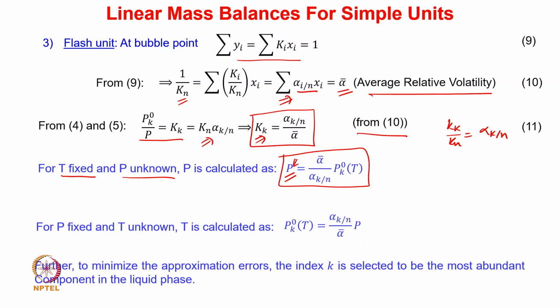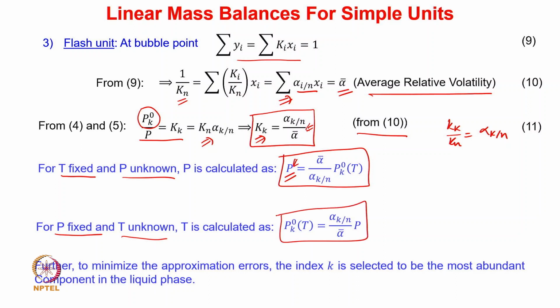When P is known and T is unknown, in that case what can we do? We can calculate the vapor pressure pk naught as P into this entire thing, isn't it?